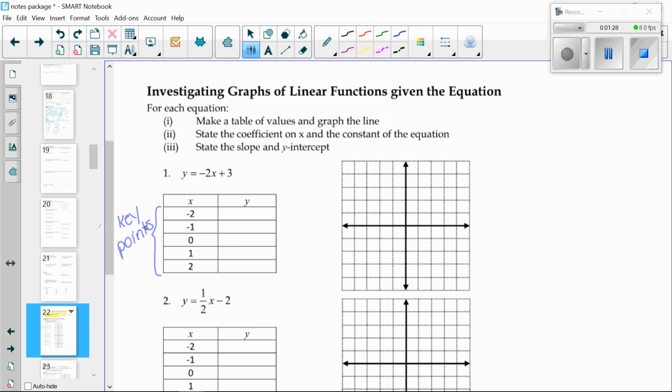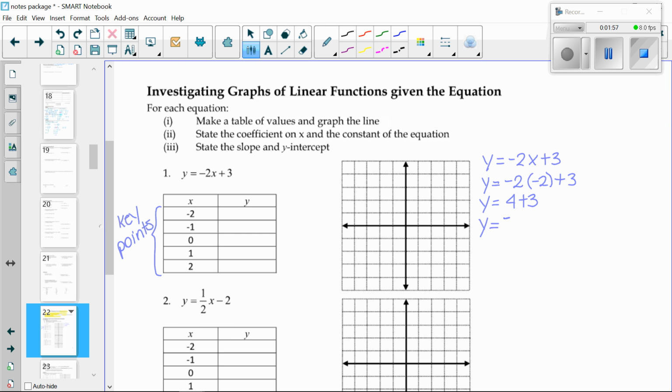And all we do is we substitute in values for x. So I've got y is equal to -2x plus 3. They tell us that x is equal to -2, so y equals -2 times -2 plus 3. Watch positive and negative values. -2 times -2 is 4, plus 3.